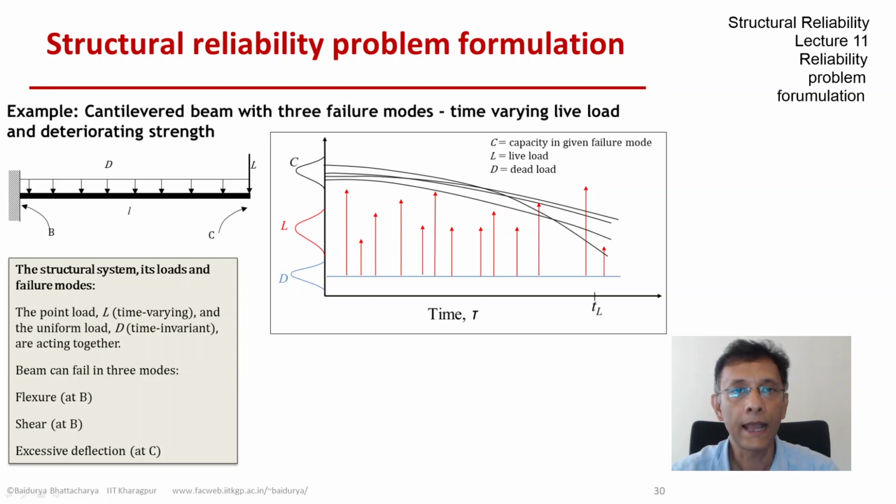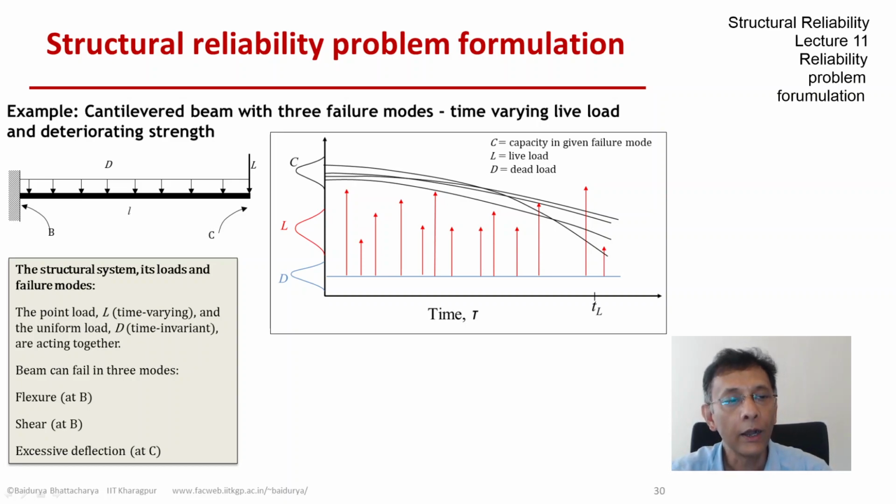So it's added to the dead load, but it's not invariant in time. It's sampled from the distribution that you see on the left, but the peaks are all random. The locations, the instances of time where these pulses occur, are also random in nature.